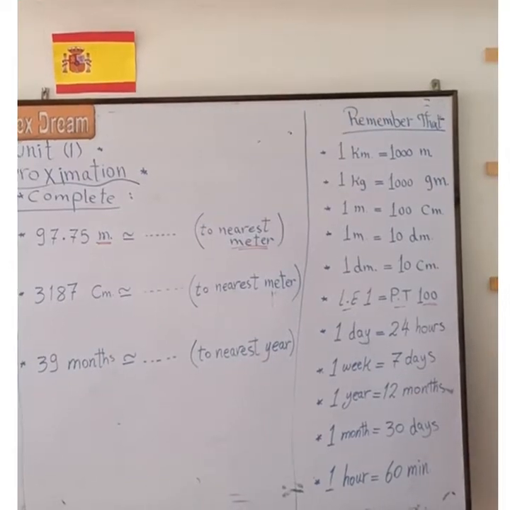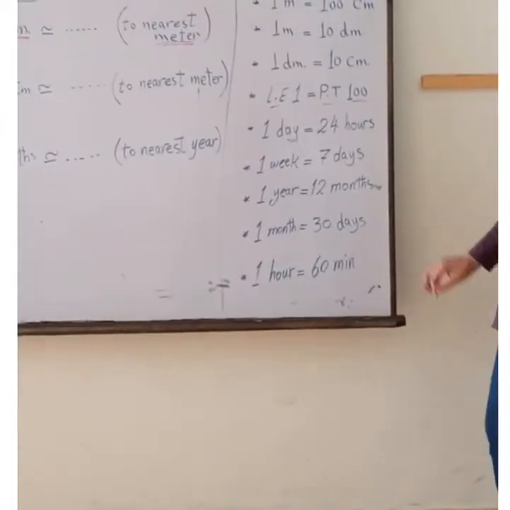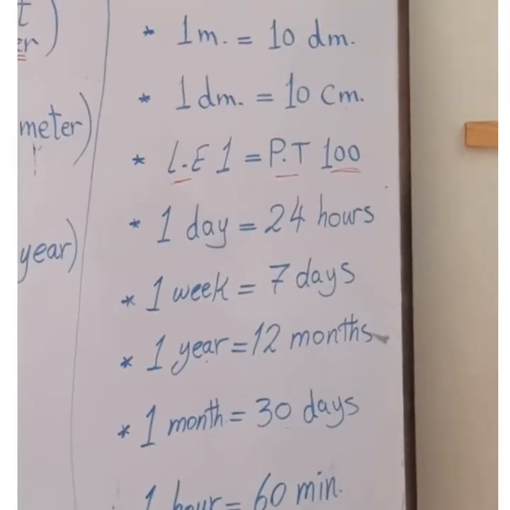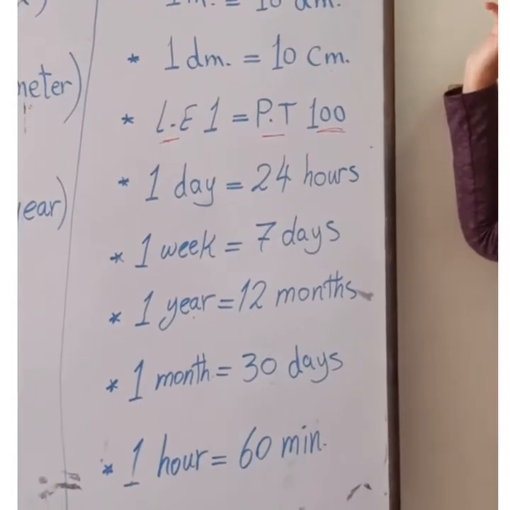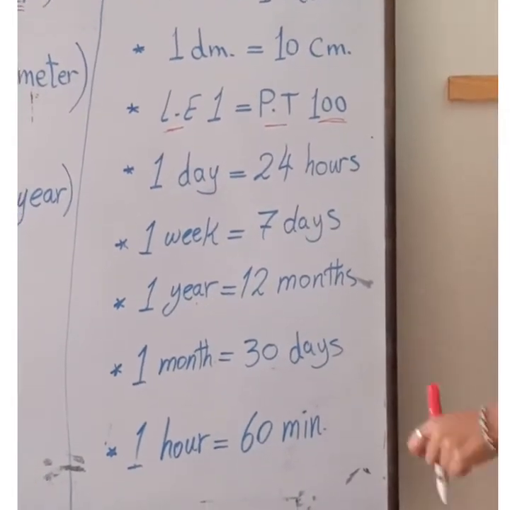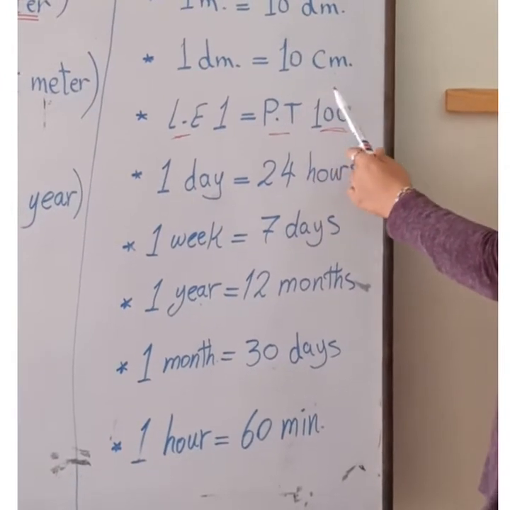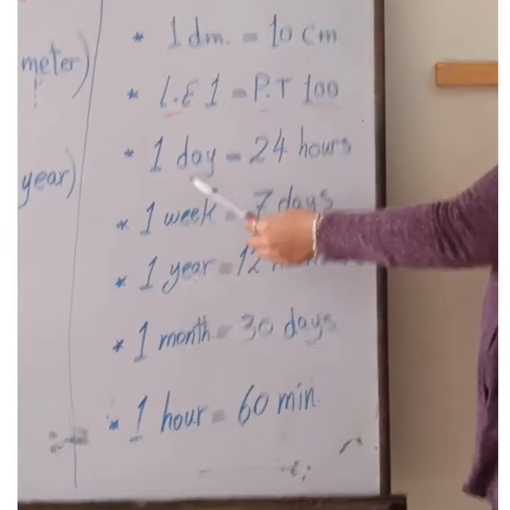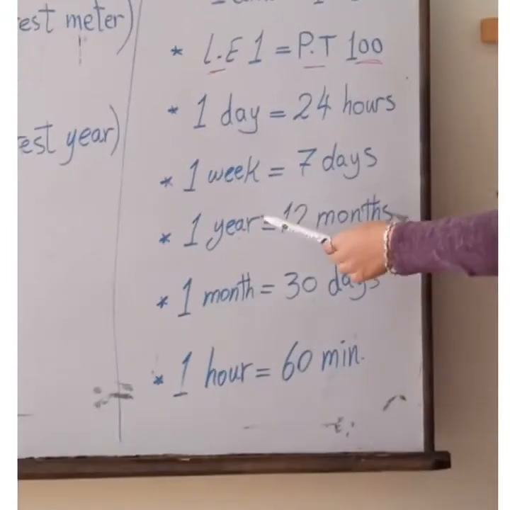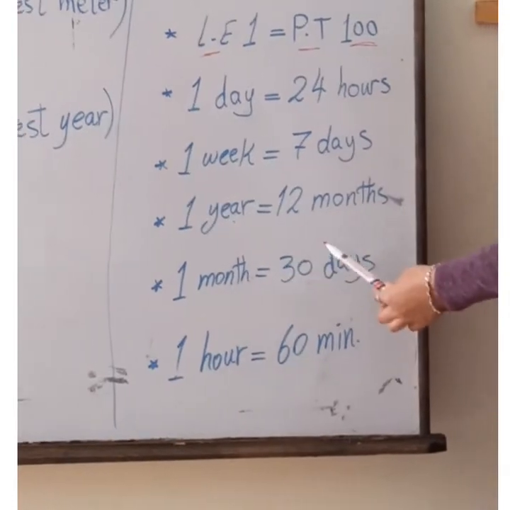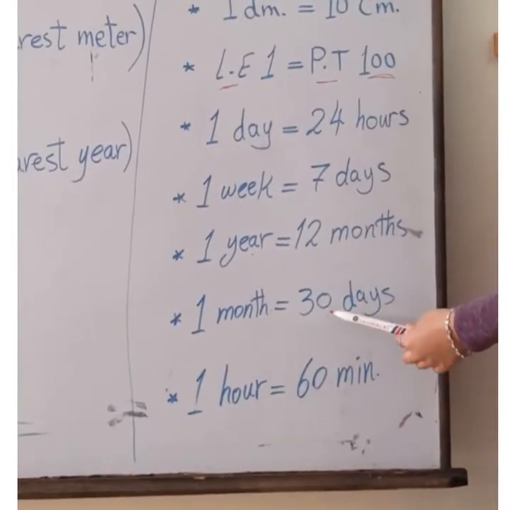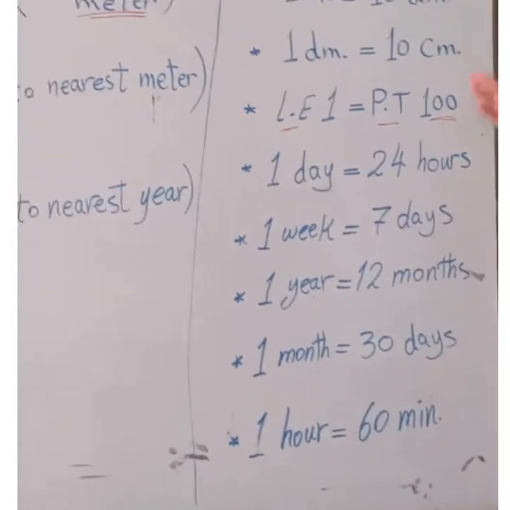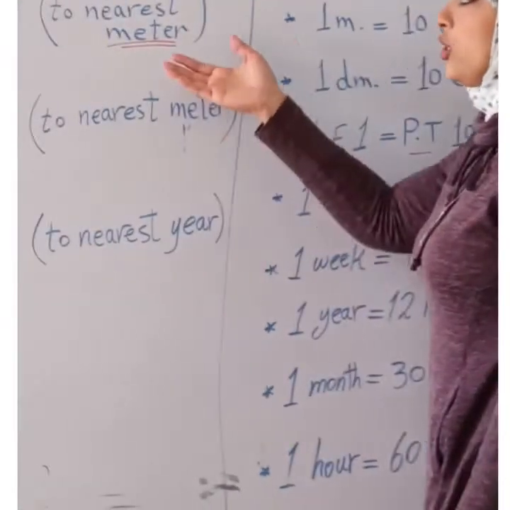But to solve these questions, we should remember that 1 kilometer equals 1,000 meters, 1 kilogram equals 1,000 grams, 1 meter equals 100 centimeters, 1 meter equals 10 decimeters, and 1 decimeter equals 10 centimeters. 1 pound equals 100 piasters. 1 day equals 24 hours, and 1 week equals 7 days. 1 year equals 12 months. 1 month equals 30 days, and 1 hour equals 60 minutes. We should remember them carefully to solve these questions.